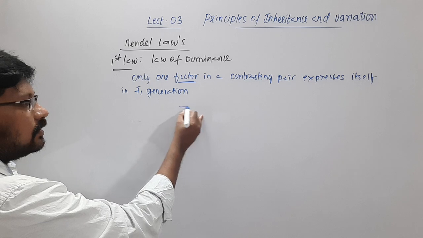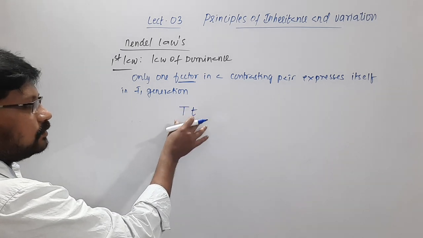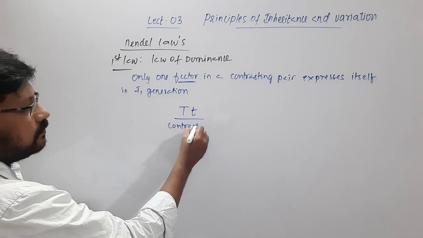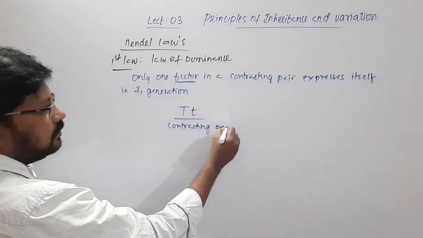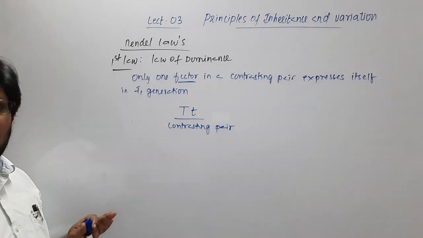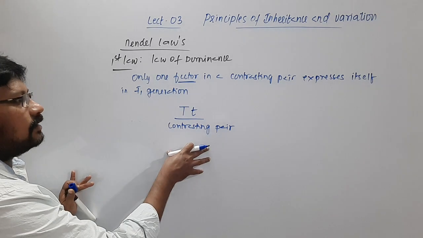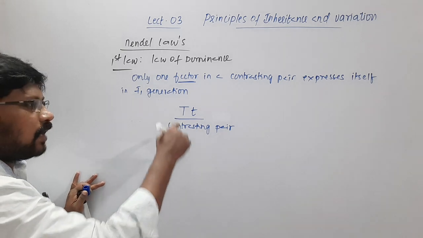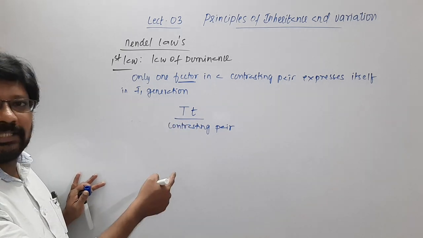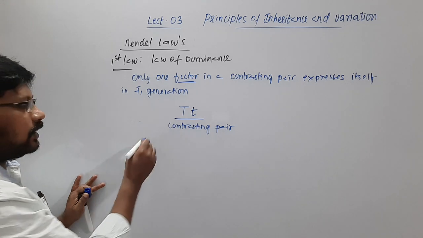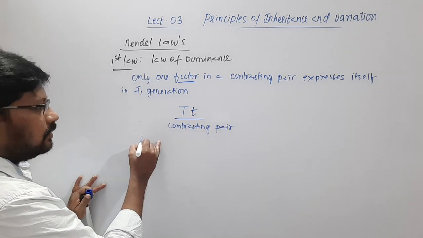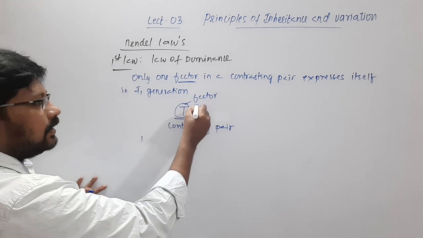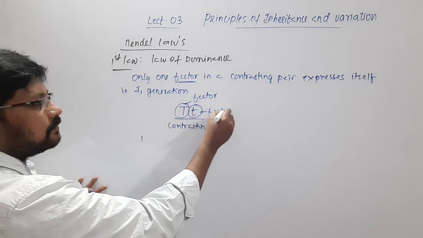You can see the contrasting pair, capital T, small t. In this contrasting pair, one of them will get expressed. The one which is expressed is the dominant. So this is one factor and this is another factor.